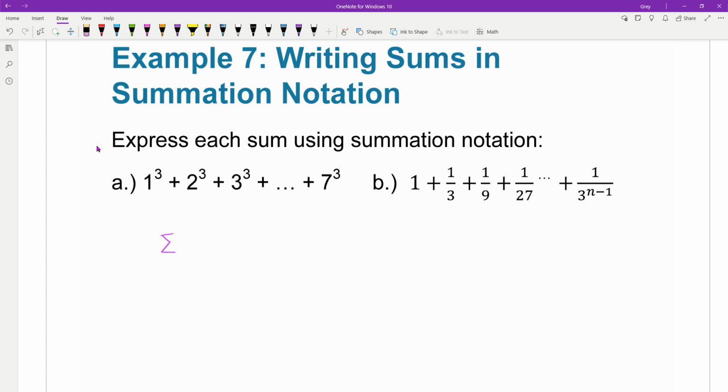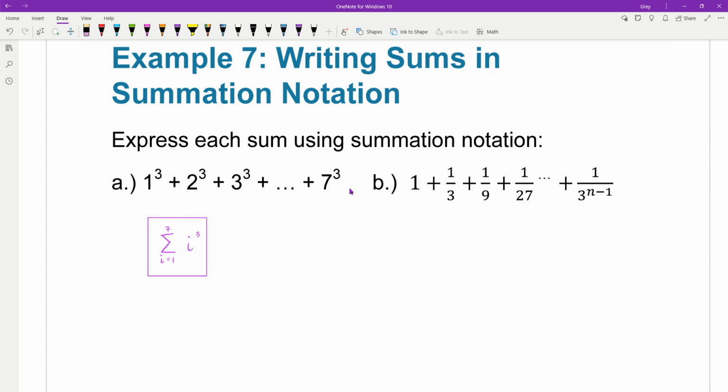So I'm going to say i equals 1, and if i equals 1, I have 7 terms. So I'm going to stop when i gets to 7, and they made it kind of easy. Hopefully y'all can see that the only thing that's changing is the base here, and that's my i, and it's always i cubed. So that's all it is.